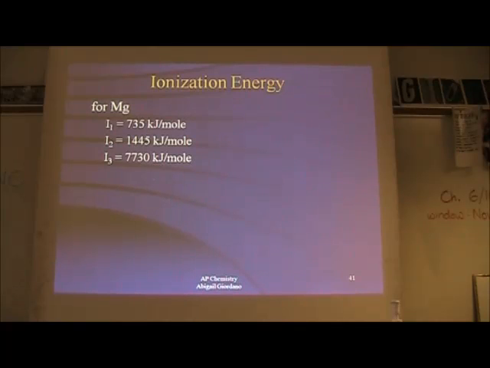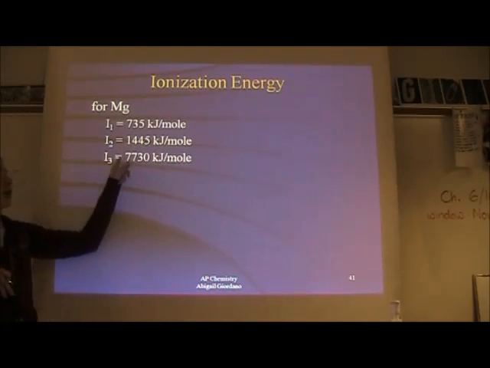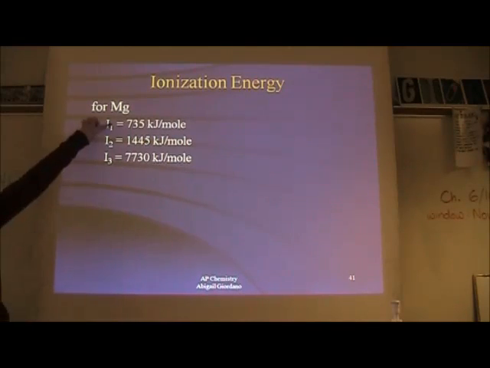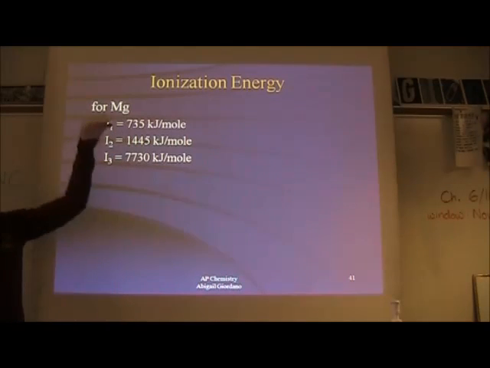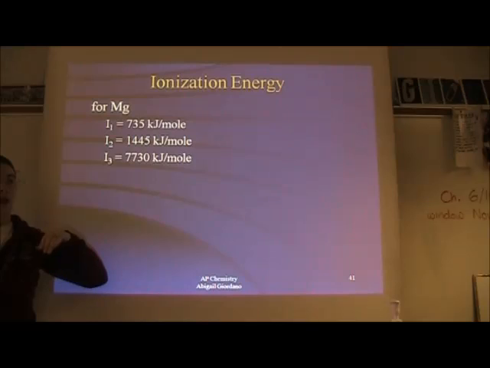Every time one electron is removed, it's like a tug of war. The amount of protons is staying the same, but the number of electrons on the electron team is decreasing, and they're losing the tug of war. The protons are winning. The effective nuclear charge is getting stronger and stronger and stronger.